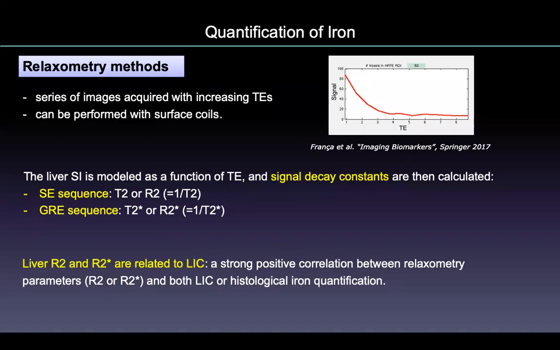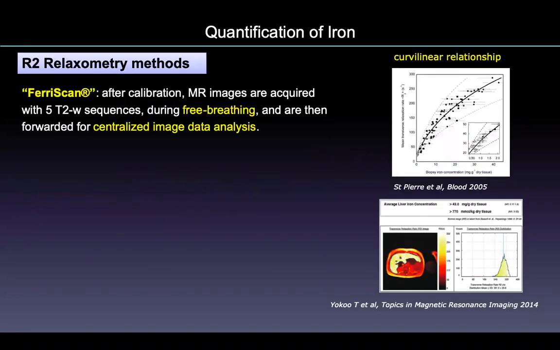And those constants are closely correlated with the liver iron concentration and liver biopsies. The most known R2 relaxometry method is currently available as a commercial service, which is FerryScan, that is approved by the FDA.